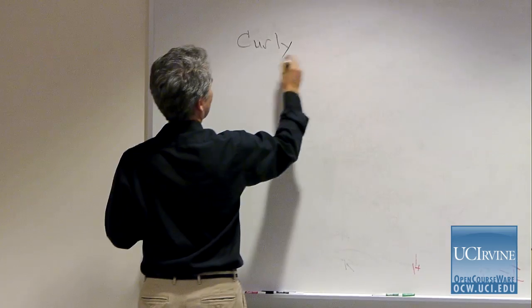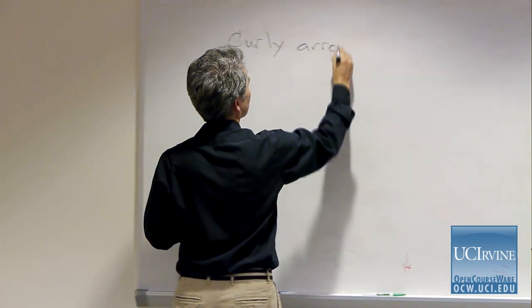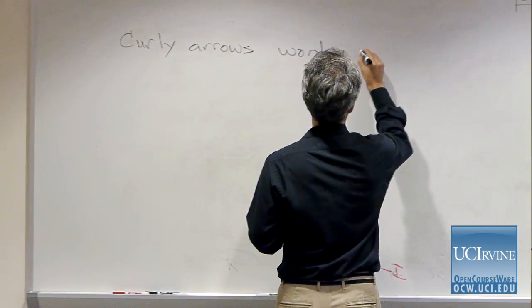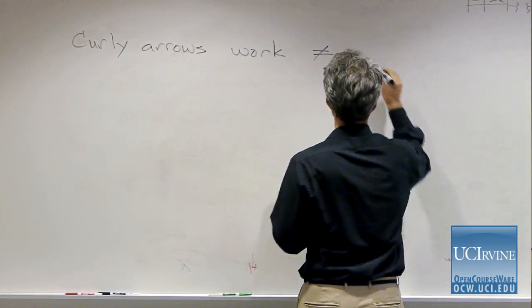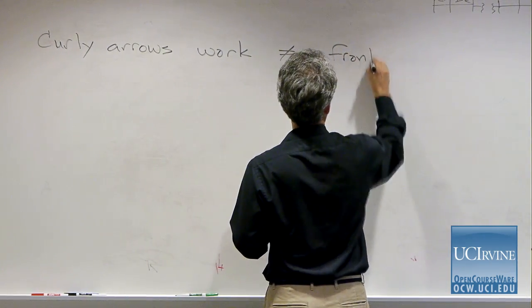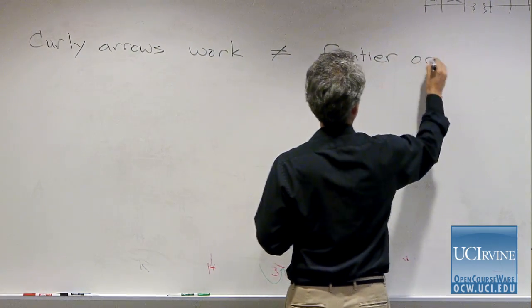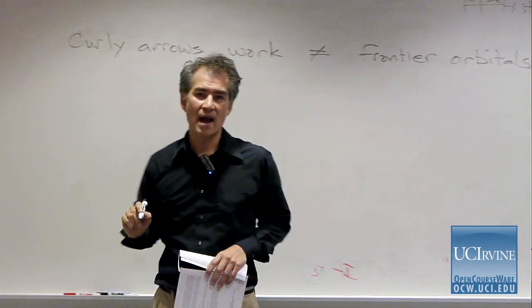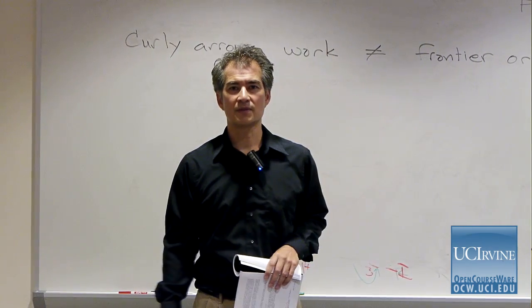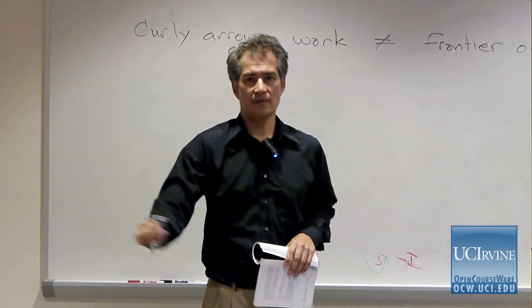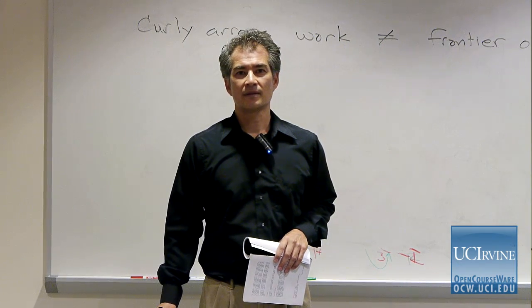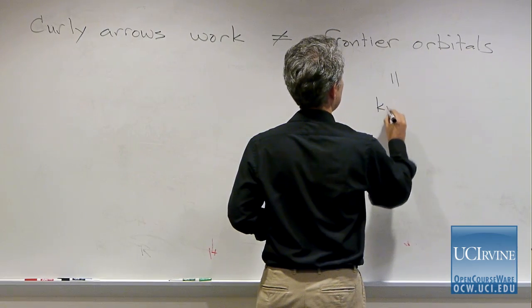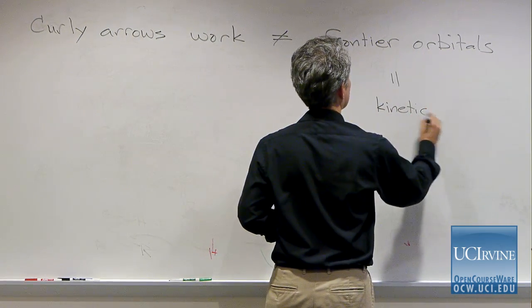What Fleming said was that curly arrows, or curved arrows, work when they are used to represent the interaction of frontier orbitals, of filled orbitals with unfilled orbitals. And if you really care about kinetics, then you need to focus on those frontier orbitals.